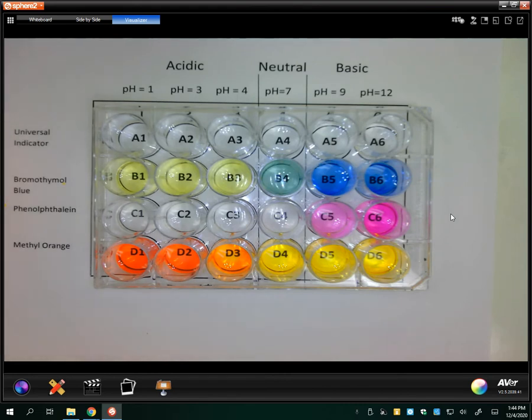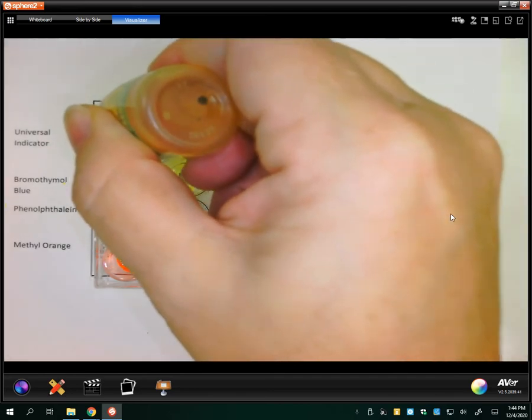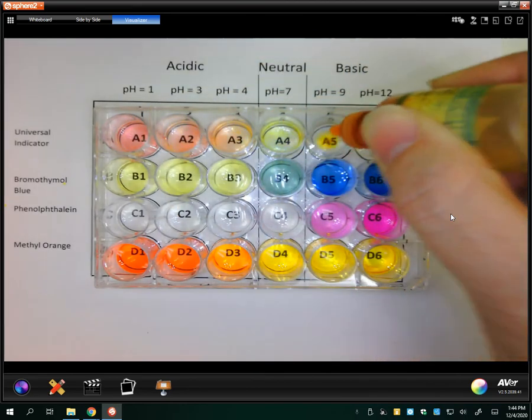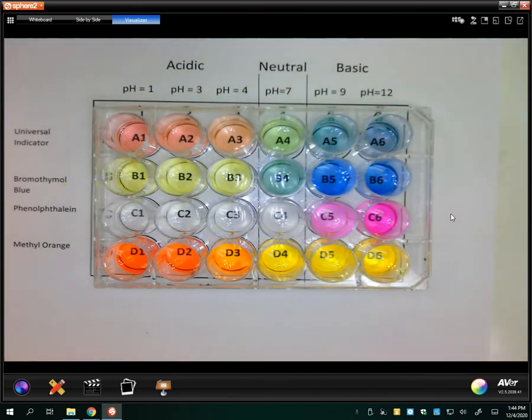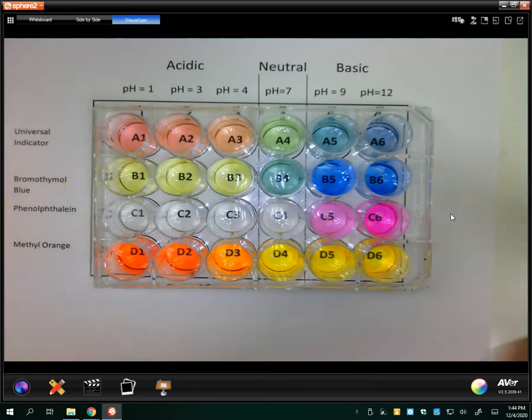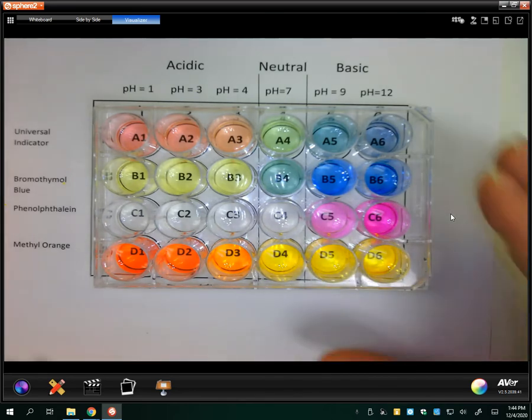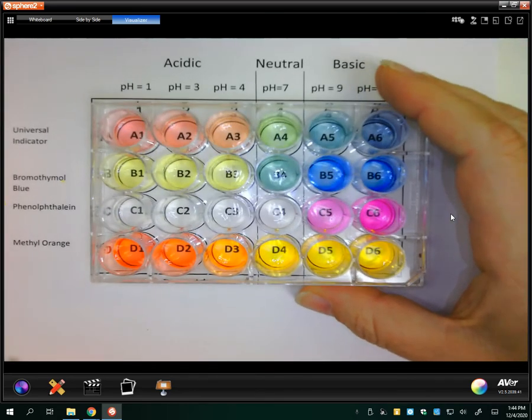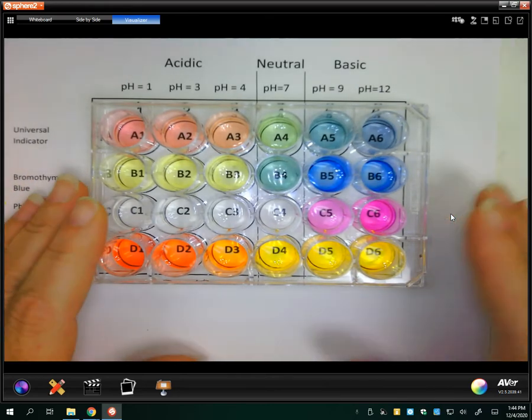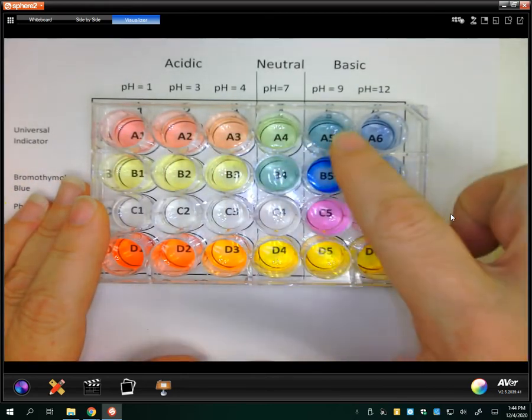All right, and the next one is the universal indicator, and that's made by mixing several different indicators together so that it changes color at each pH range. Now, it's kind of red. It almost looks the same color in the bottle as methyl orange, but you can see that it changes color. It's a different color in every pH scale.